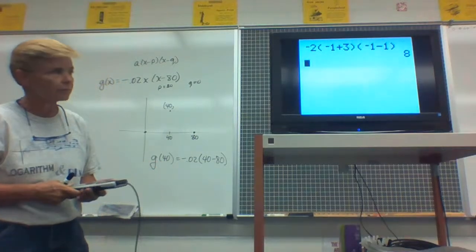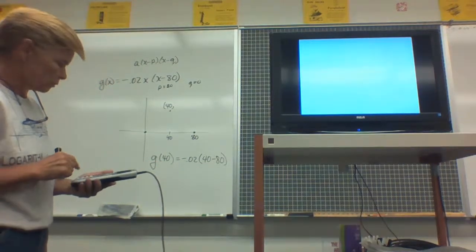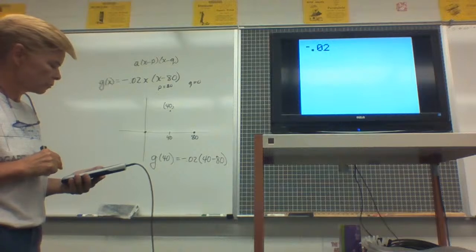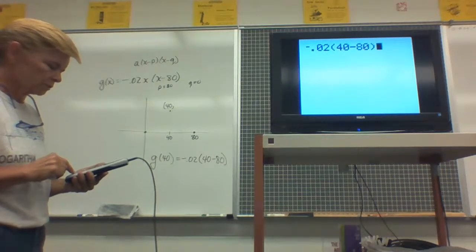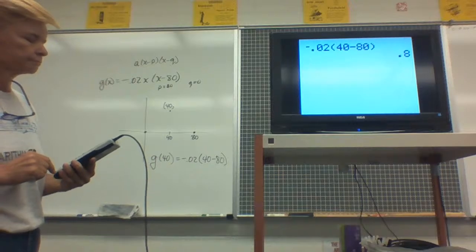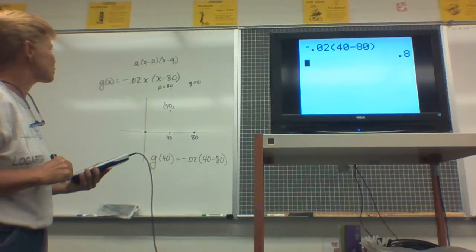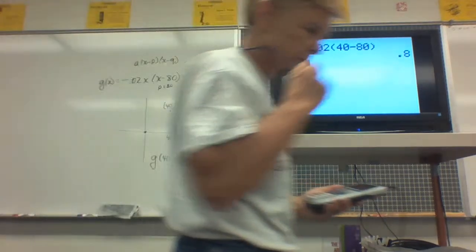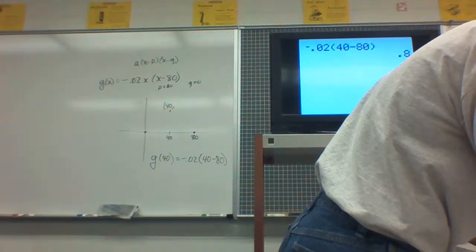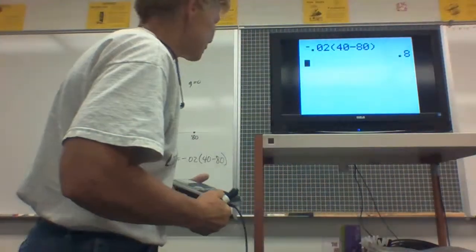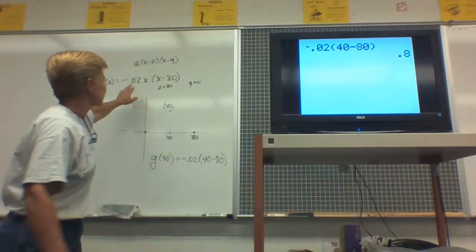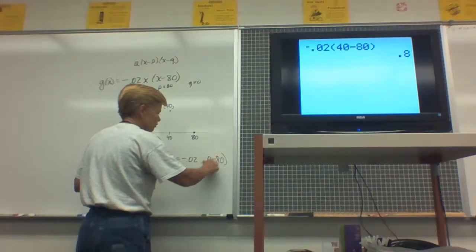So we go negative 0.02, parenthesis, 40 minus 80, close it. I don't think it was 0.02, I think it was 0.2, just a minute. No, it was 0.02. Oh, I forgot something. Sorry, this is negative 0.02x, so I needed a 40 here as well.